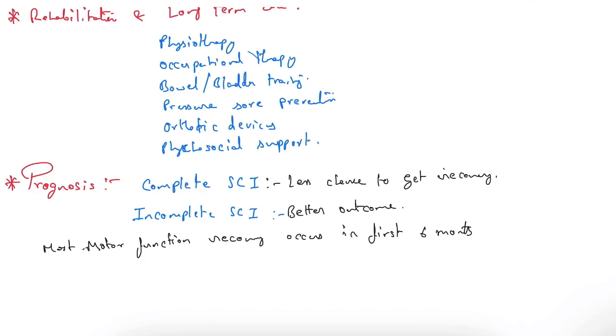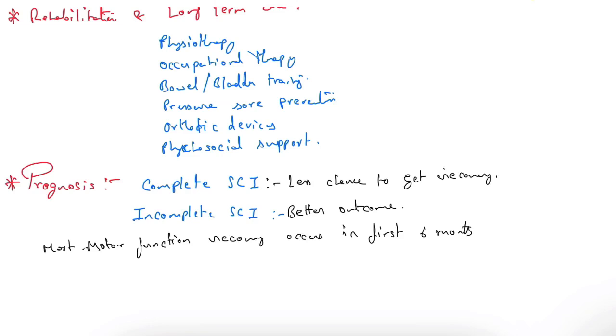In neurogenic shock, it's mostly caused by an injury above the level of T6, and we can see loss of sympathetic tone, the blood pressure and heart rate will decrease, the reflexes will be present, and the resolution will be hours to days.